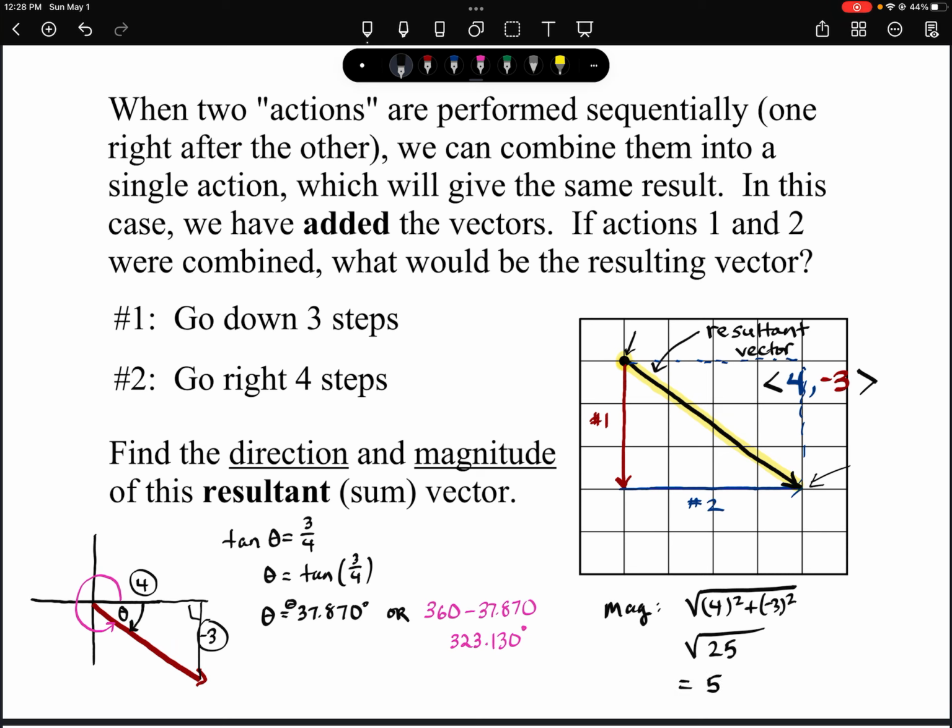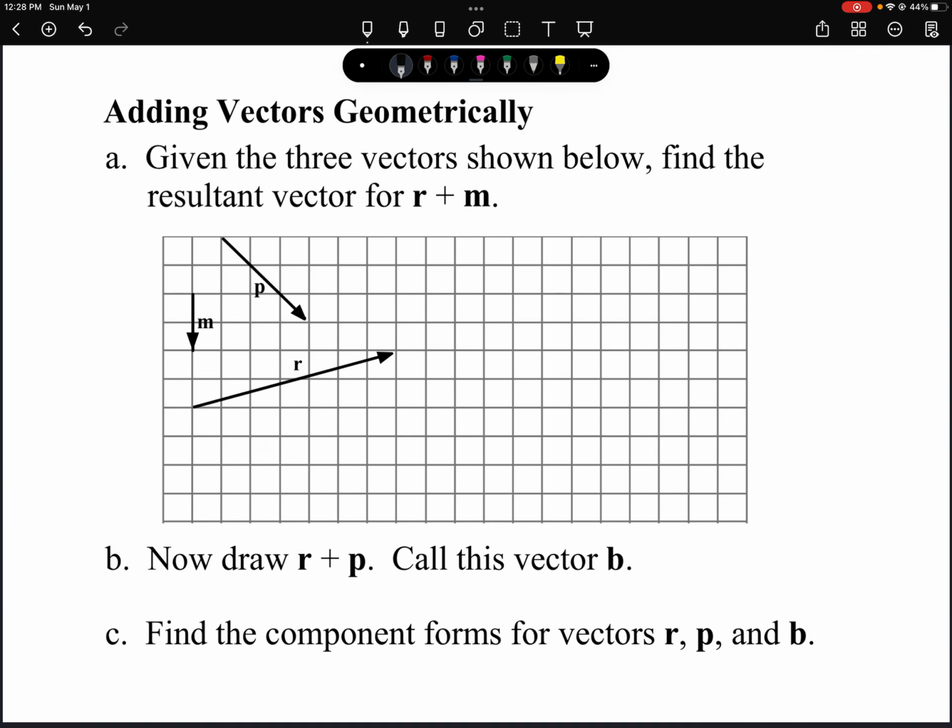It's just a 3, 4, 5 right triangle. So the magnitude is 5, and our direction is either 323.130 or -36.870 degrees.